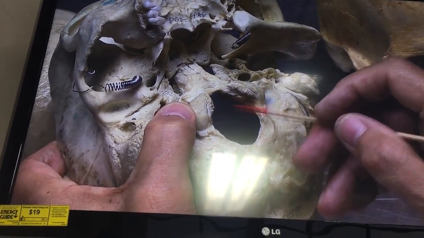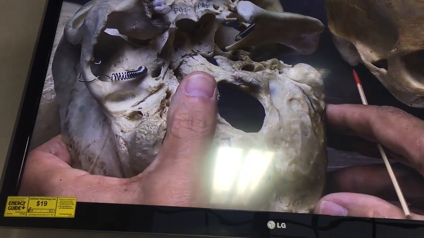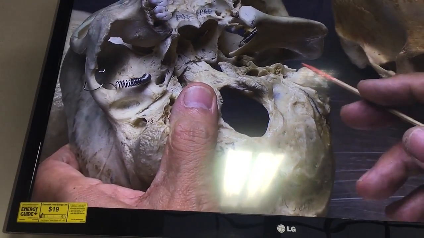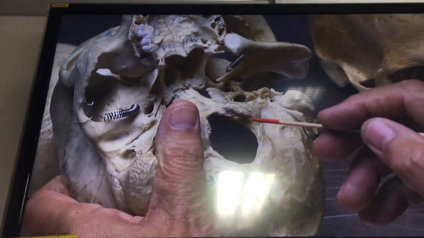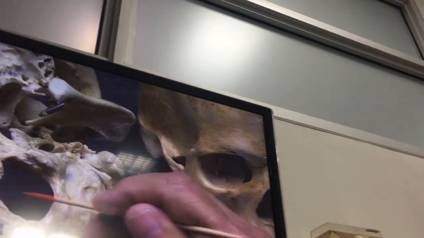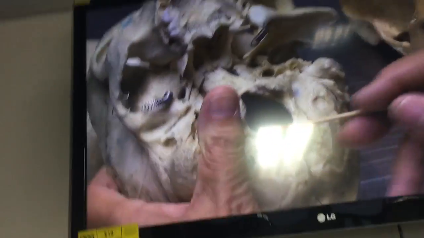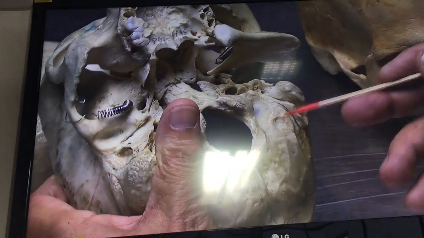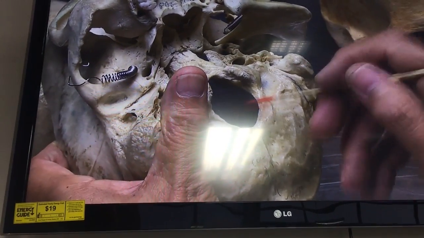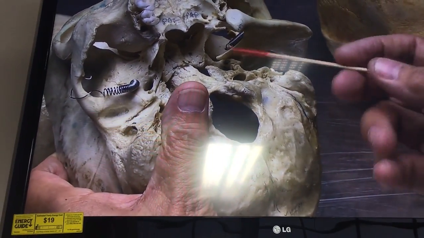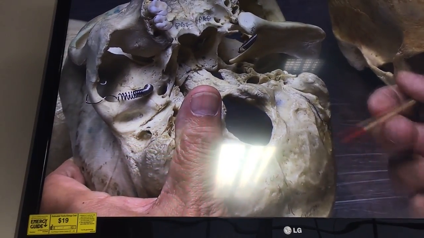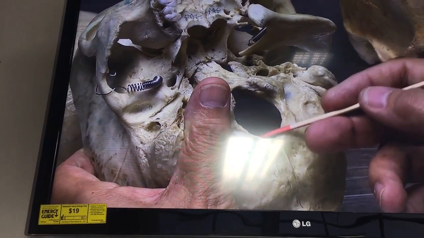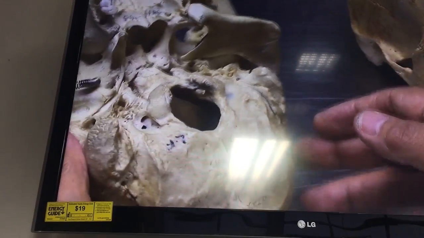Those vertebral arteries run in the foramen transversarium on the cervical spine, and then they come up and go into the skull at that point. We also have the spinal accessory nerve, which goes back in there, and we also have the single anterior spinal artery and the two posterior spinal arteries coming off there.